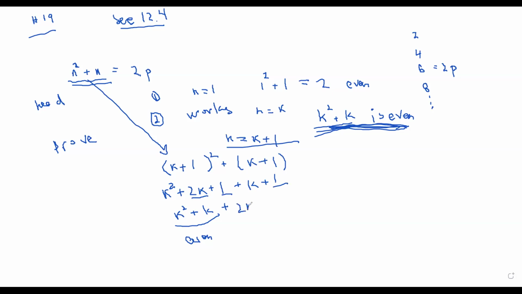Is that even? What do you think? That's what we need to show. Yes, it is even because it's 2 times k plus 1. I say it is even as it has a factor of 2. Or we can say it's 2 times k, so it's even, plus the number 2 is also even. 2 evens are even.